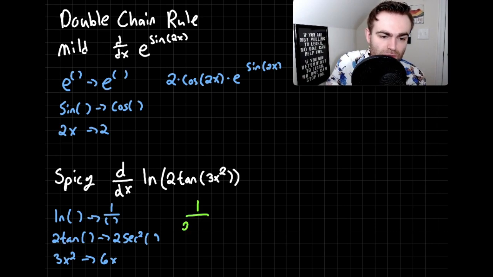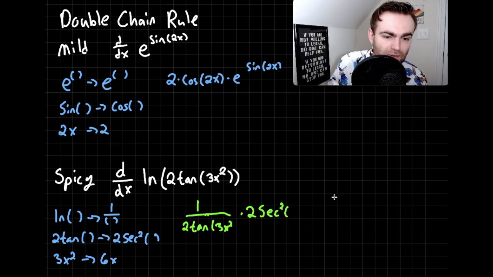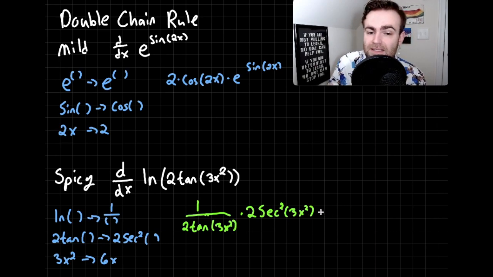I have this 2 tangent of 3x squared. Multiply that by 2 secant squared of 3x squared. And then we're going to multiply that by 6x.